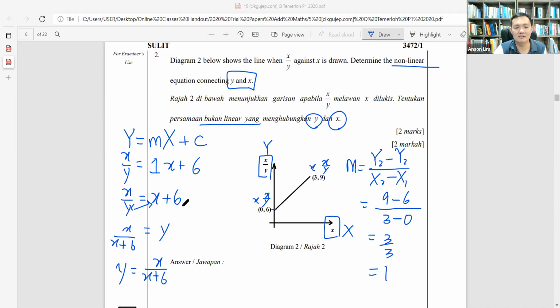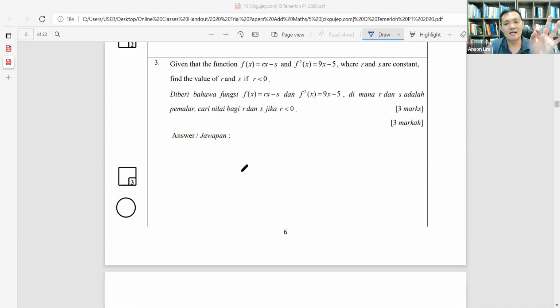The x plus 6 is over 1, right? Then here x over y, y bring up, become y over 1, x plus 6 bring down, like that. I just swap only. So that makes y alone on the left hand side. Not 1 over y, but y over 1. Is that clear, right? Okay, good. Let's continue. You're clear, right? Any question, just ask.